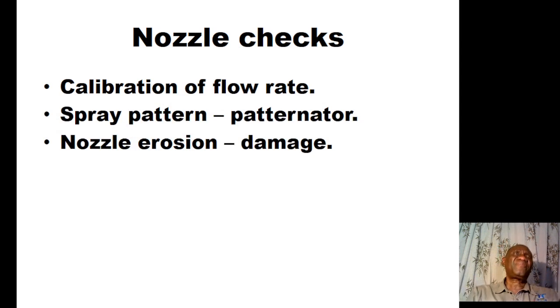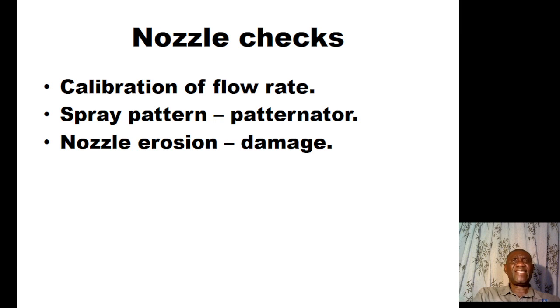Now, before we spray, we may do those nozzle checks, especially under field conditions. Calibration of flow rate. We can also check what is known as the spray pattern. We use the special equipment known as the patternator. I think it's the weed research team.